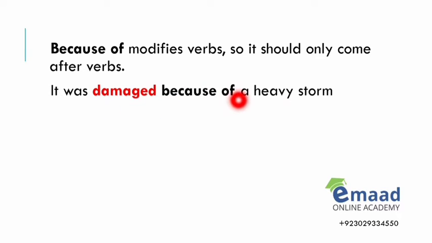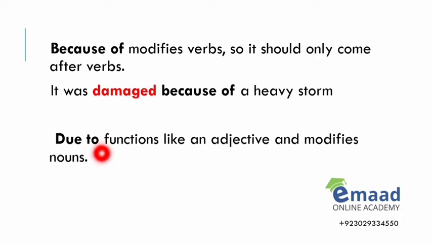So the phrase because of tells us about the reason of damage. This acts like an adverb and it modifies the verb damaged. So in this expression, because of modifies a verb.